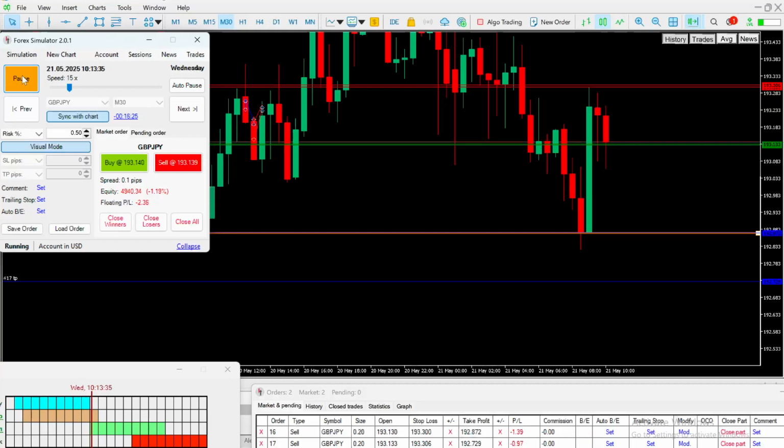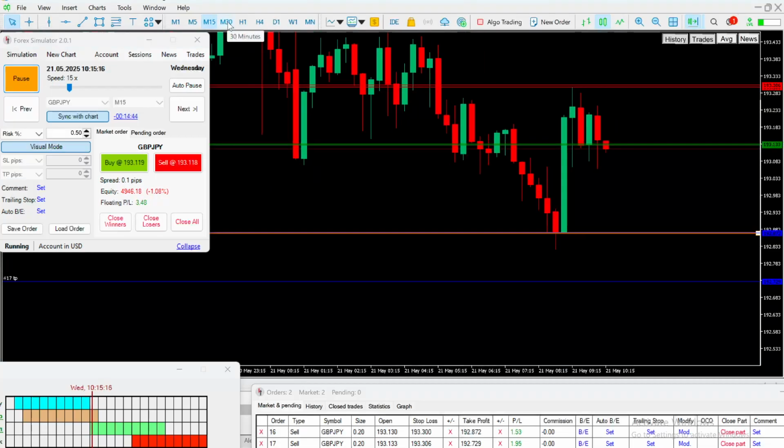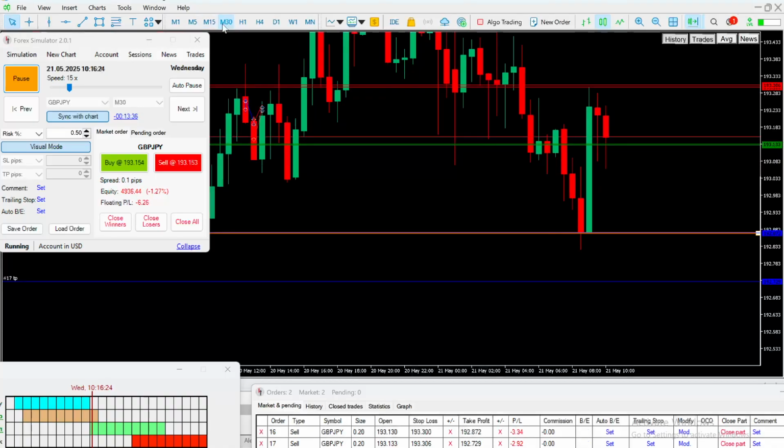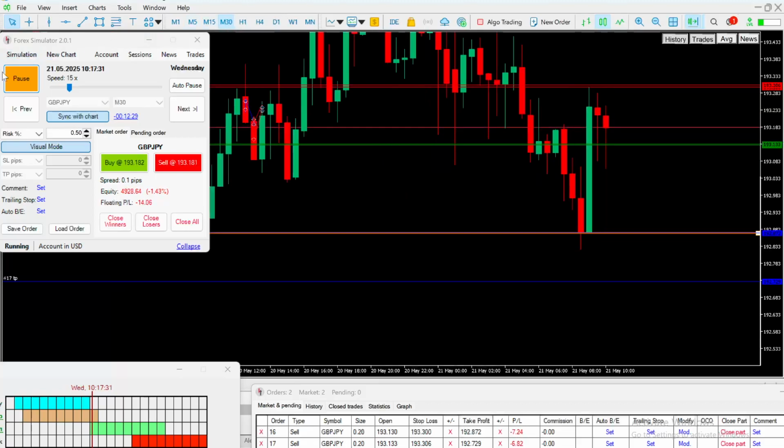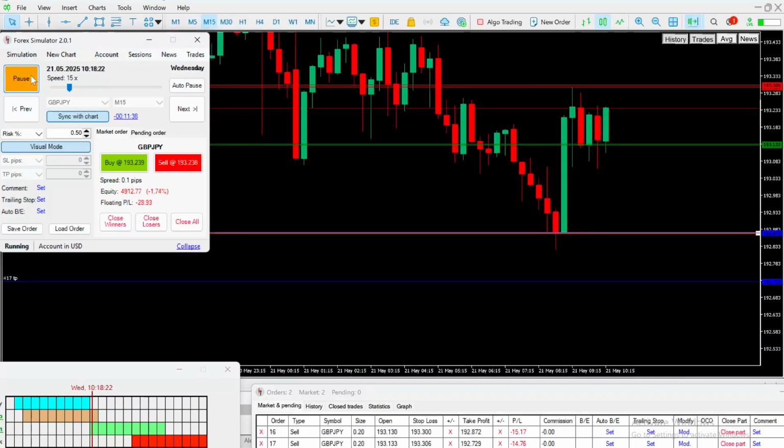The 30 minute candle has closed bearish. Yep. And then the next one. The 1 hour is still open. Oh. Okay, we're closing 50%. So we close one of them. Right.